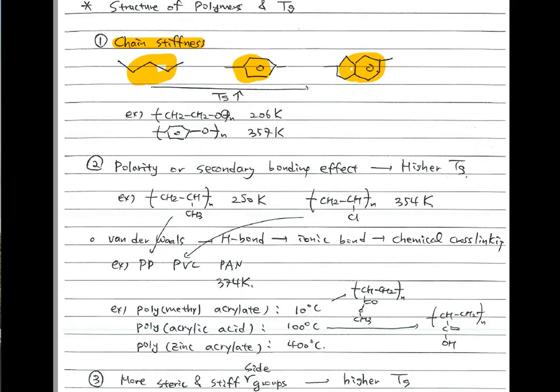If you compare these two polymers, this one is much more flexible than this one. The resulting Tg is 206 K for this polymer and 357 K for this polymer, because this polymer has a benzene ring inside the main backbone.